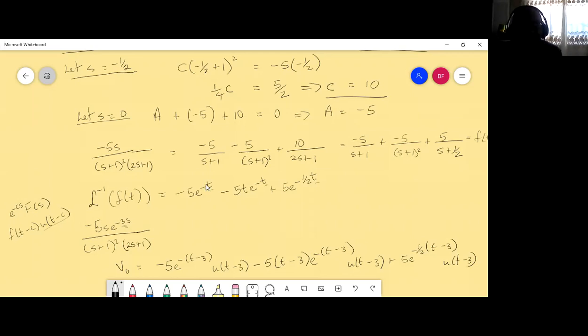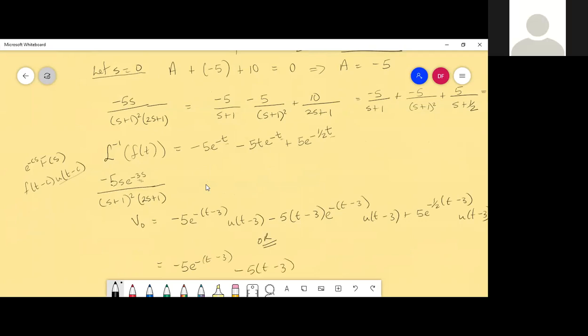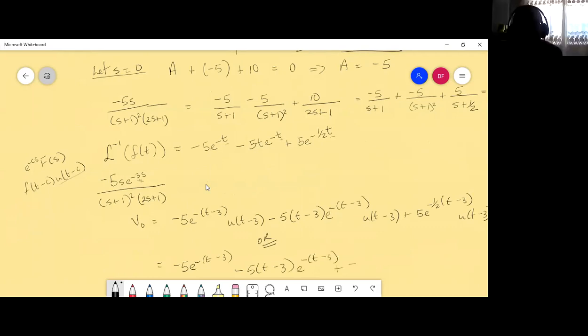So the u of t minus 3, I could have written out the answer this way. Minus 5 e to the minus t minus 3 minus 5 t minus 3 e to the minus t minus 3 plus 5 e to the minus a half t minus 3, t greater than or equal to 3.